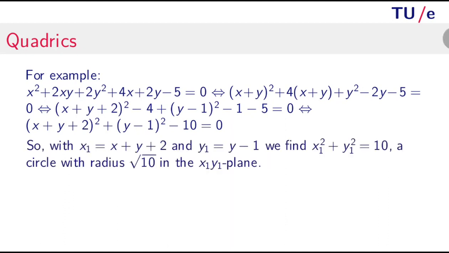If we introduce the new variables x1, which is equal to x plus y plus 2, and y1, which is y minus 1, we find x1 squared plus y1 squared is 10, and we do have a circle, namely a circle with radius square root of 10, in the x1, y1 plane.